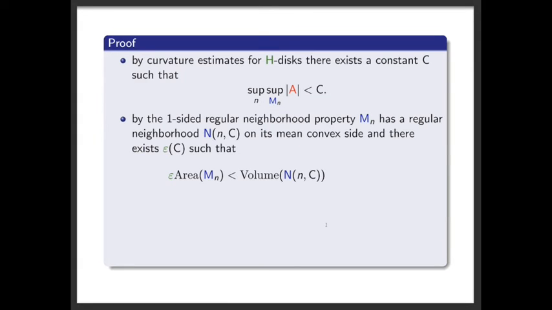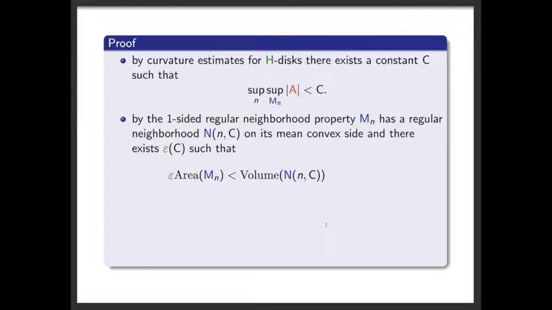But if that's the case, then everything looks graphical, and we can apply the properties of non-zero CMC surfaces where everything looks graphical, in particular the one-sided regular neighborhood. So the pieces of the surface cannot come close to each other on one side.